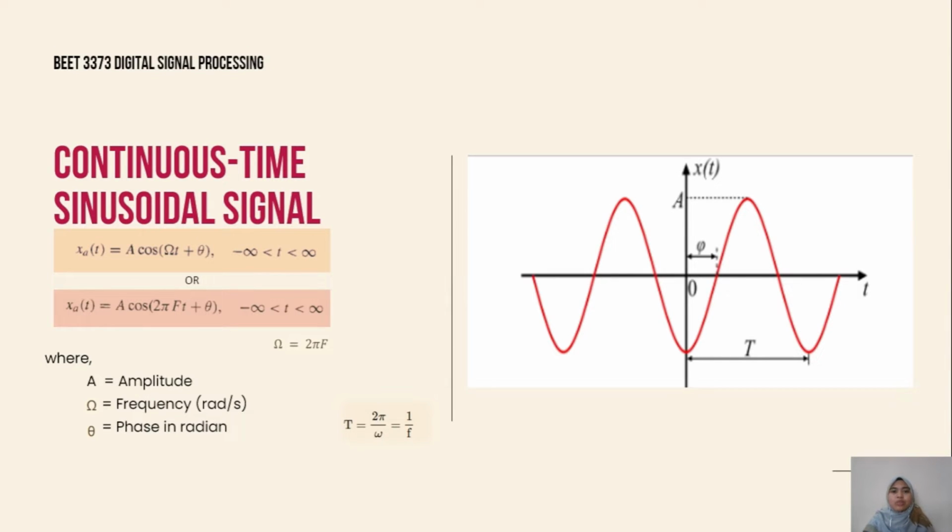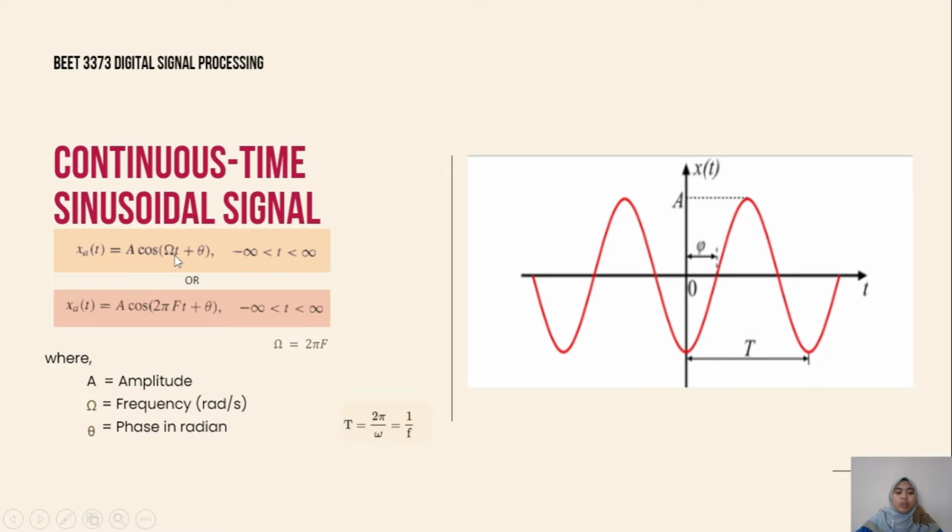There are two types of sinusoidal signal, which are continuous time and discrete time. So this is the continuous time sinusoidal signal, which is defined for every instant of time. This is the formula for the continuous time: A cos(omega t plus phi). A stands for the amplitude of the signal, which is the peak deviation of the signal from zero.